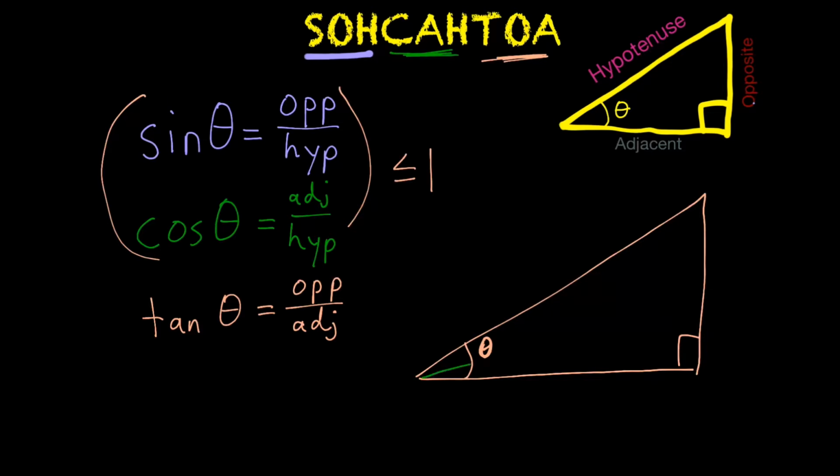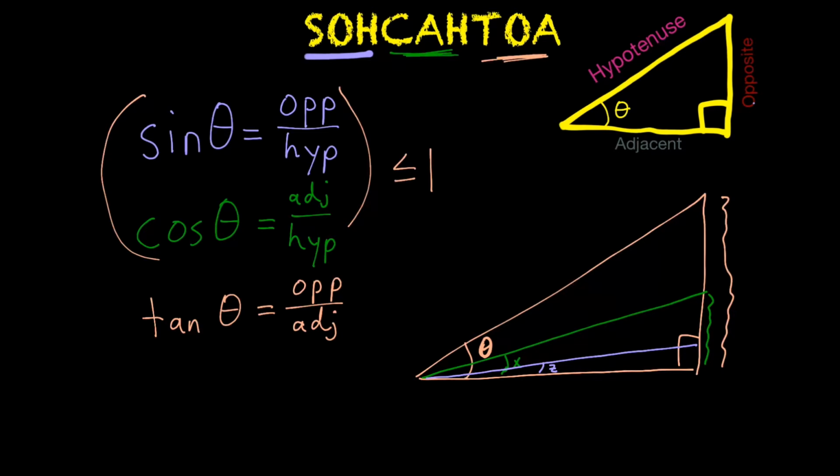So this green triangle here has an angle, we'll call this angle x. Well, angle x is smaller than angle theta, and also the opposite side of x, here noted in green, is also smaller than the opposite side of theta that we started with. So as our angle is shrinking, our opposite side is also shrinking. If we do that again and make it even smaller, so this purple angle here, we'll call that Z.